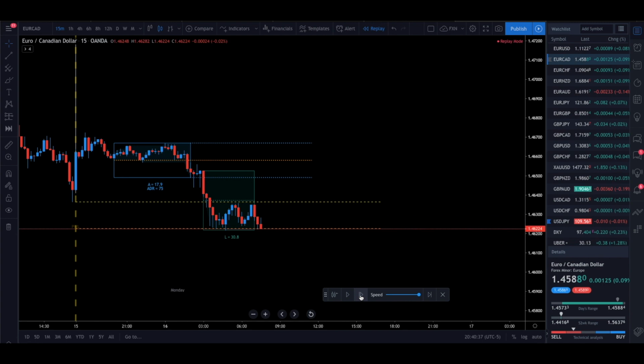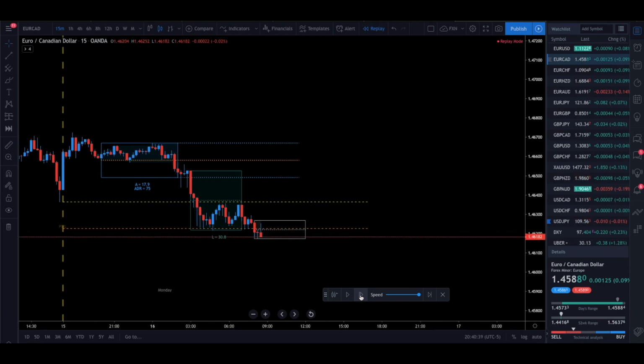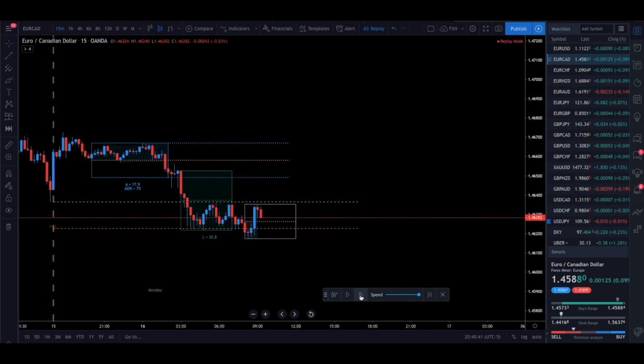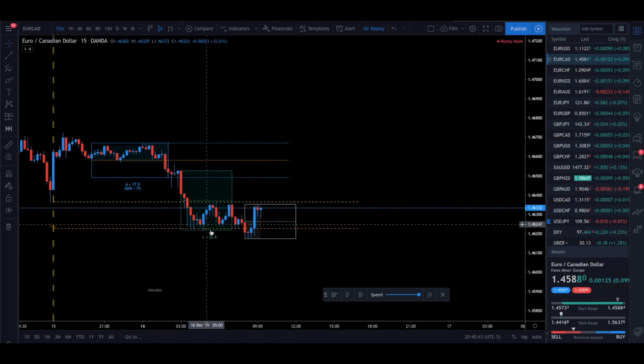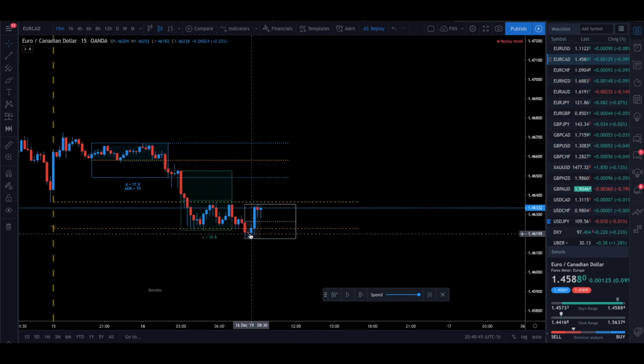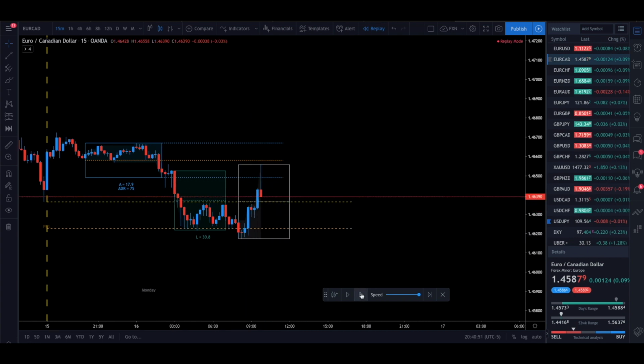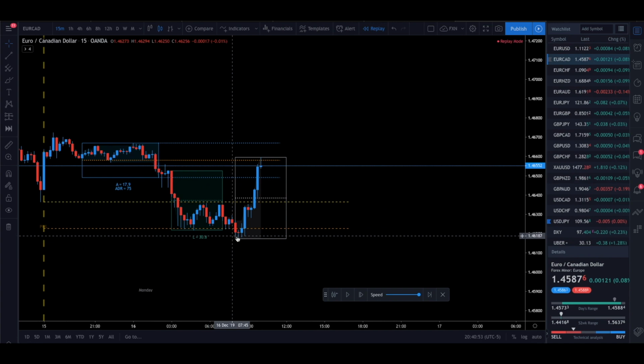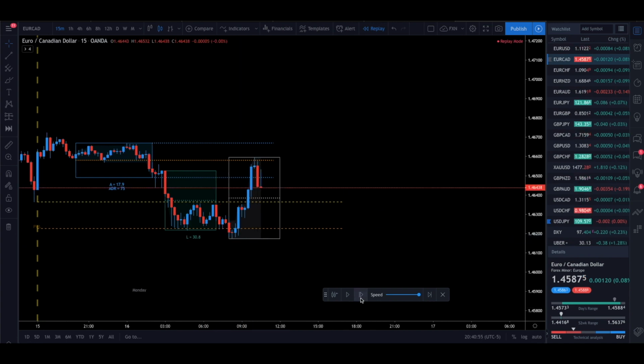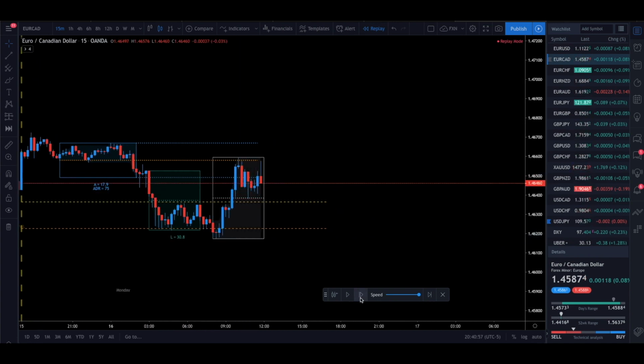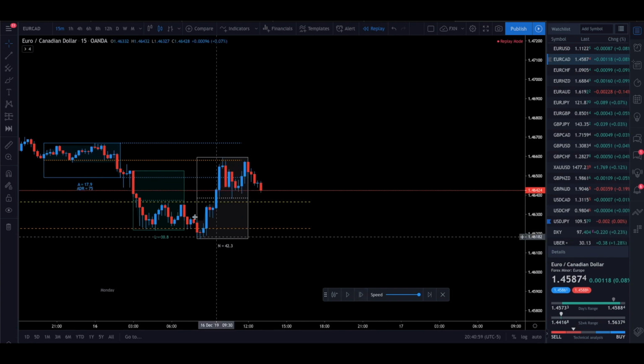So as we play this, you'll see what happens here. Okay, so here's the first leg, and then here's the second leg, essentially that happens where? In the US session, in the US box, right? And you can see once they get all the traders done, they move away from it, and coincidentally enough, look where they go to.